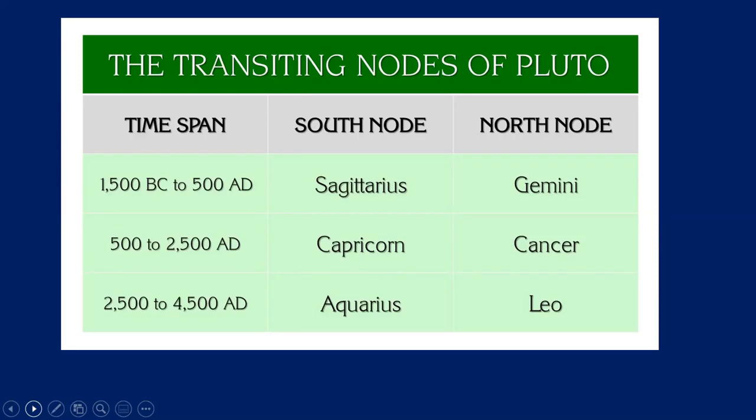So we are at a really, really important time as a collective, as a species, as inhabitants of this planet. This is no ordinary passage of time. It's no ordinary Pluto transit through Capricorn. It is the marker.